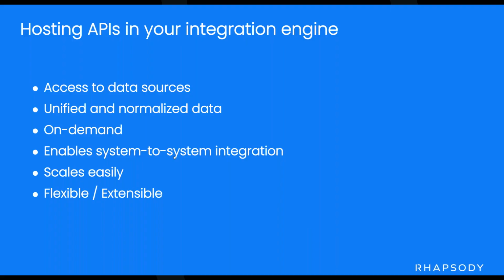A REST API is the way applications want to talk to each other these days. Scales easily: once we have our endpoint up, it doesn't matter how many consumers are going to hit it, we're ready for it. And flexible and extensible.